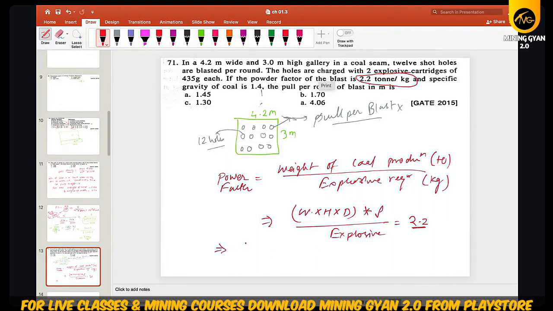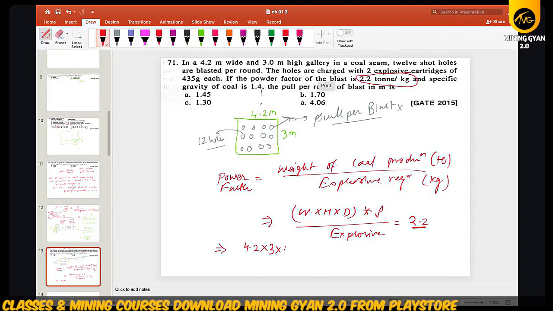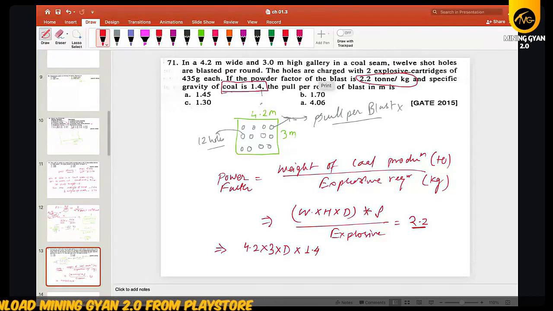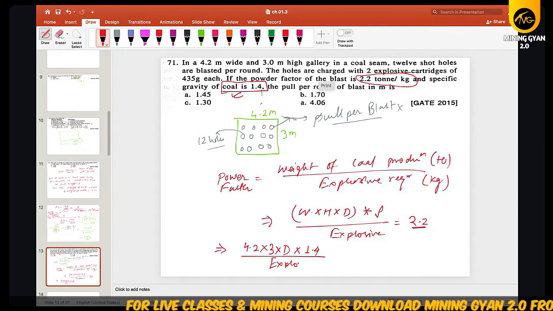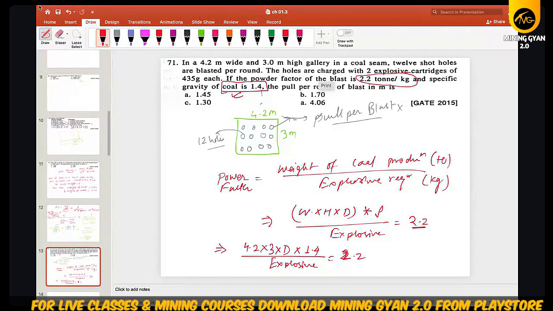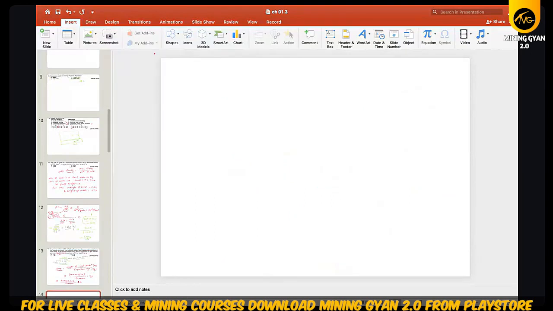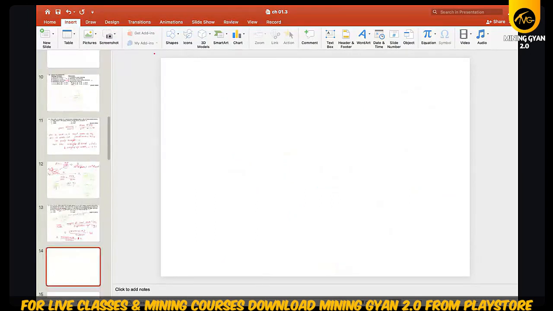So width they have given 4.2, height they have given 3, depth they haven't given, coal density they have told us 1.4. Do not assume; if they have given it, good, if they have not given it, take 1.4 or 1.5 and solve it. Divided by explosive, and 2.2. If you get the explosive, then you will get the answer.